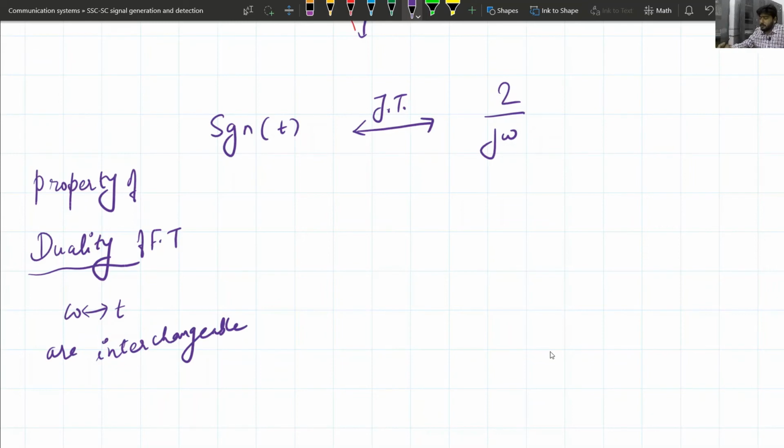Then, let's say by putting omega equal to t, we obtain a signal 2 upon jt.